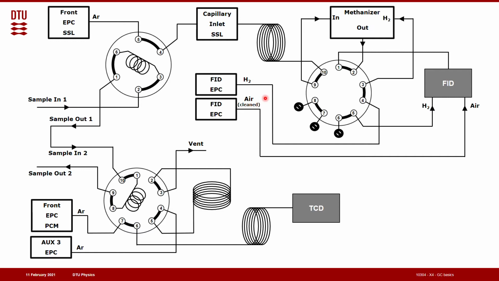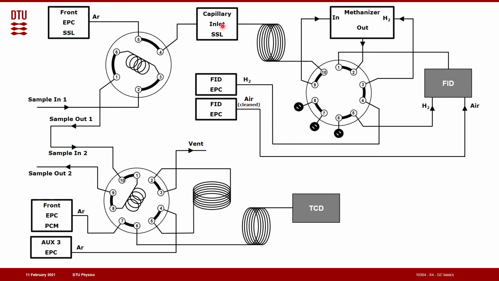You can find many different types of columns in the world, some capillary, some packed columns. The main point of all of them is that when gases go through, different compounds will be retained more or less.